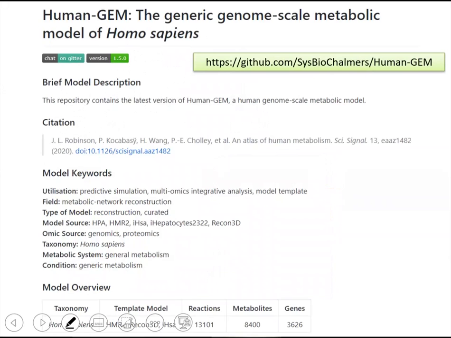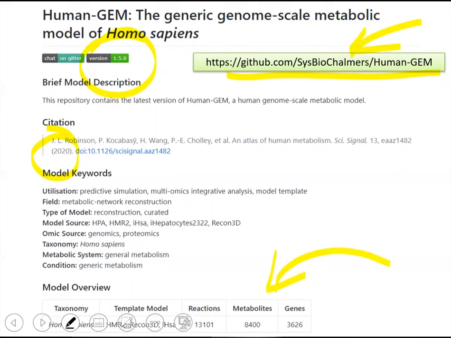So the most current, the latest version of the human genome-scale metabolic network was published in 2020 by Nielsen's group. You can access the GitHub page by using this link. This is the most current version, 1.5. And here you see the number of reactions and number of genes. It includes 3,600 genes and about 13,000 reactions.